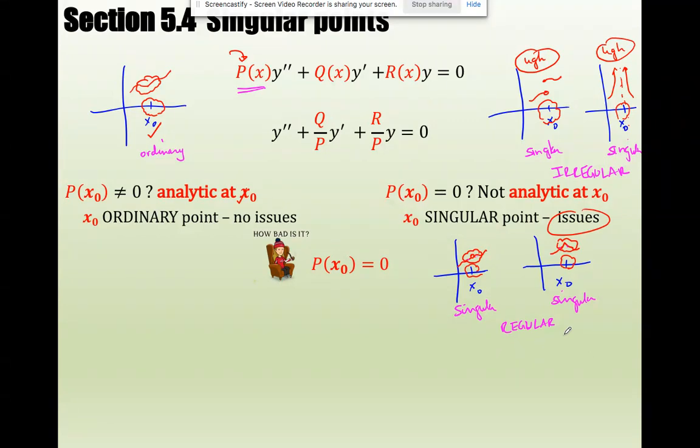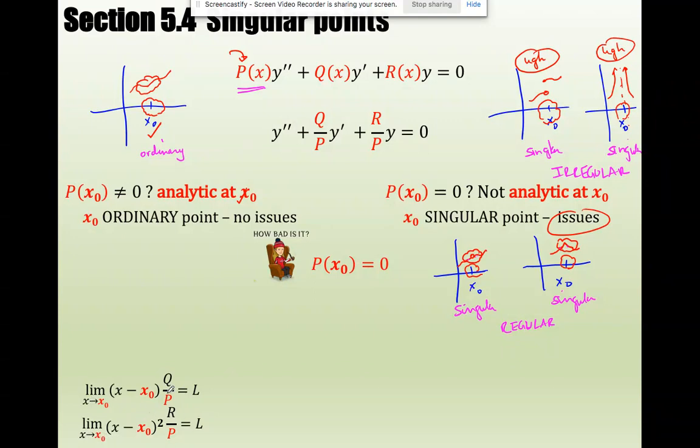If I have regular singular points, I have hopes that there are some other methods that will help me get a solution to the differential equation, even though I have these singular points. Even though I have them, I don't have hope up here.